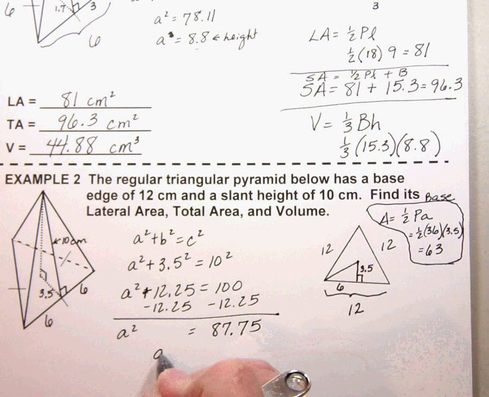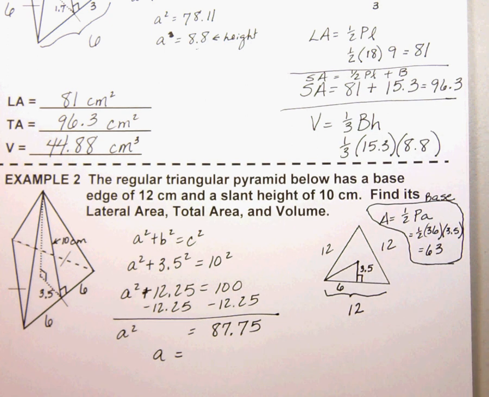So the square root of that is approximately 9.4. So 9.4 is, remember, I'm going to make a little note again like I did on the other one. This is our height. The height of the triangular pyramid is 9.4.